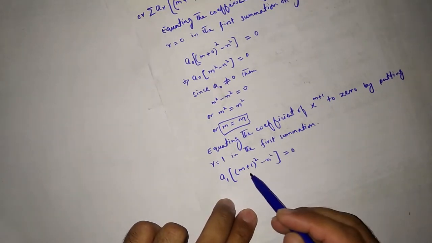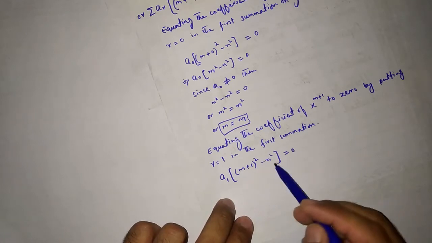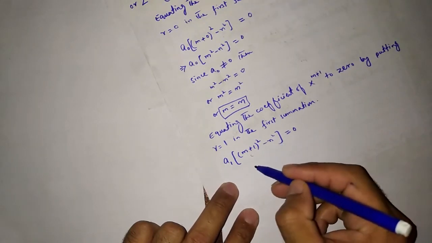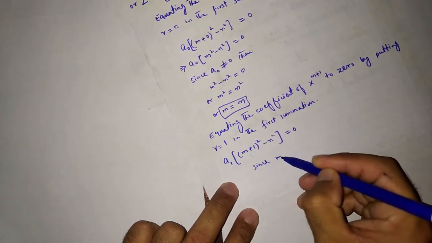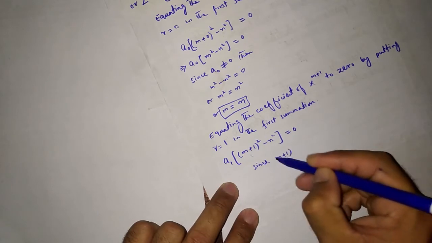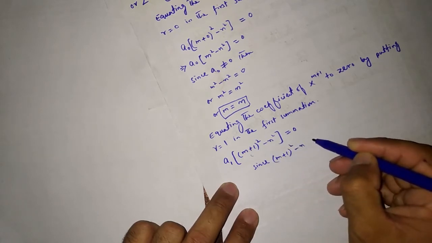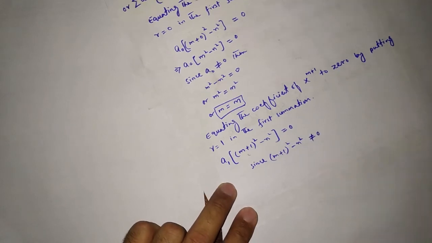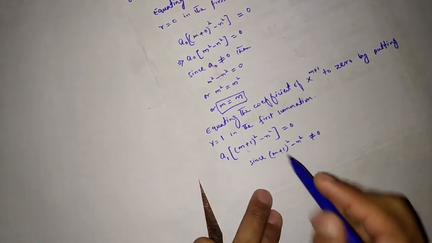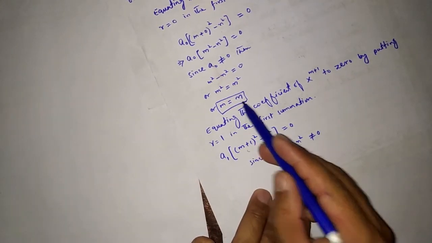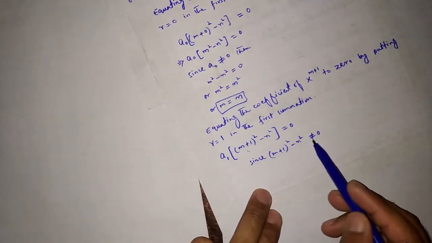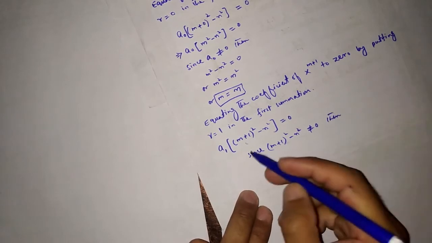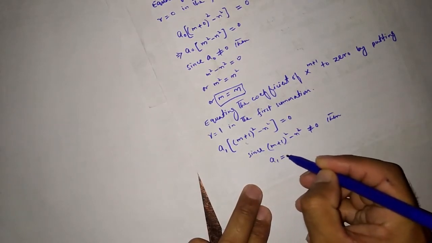This term cannot be 0, because if you put m is equal to n, we are unable to obtain this term equal to 0. Then the only possibility is that a1 is equal to 0.